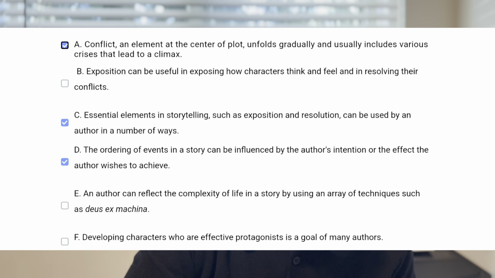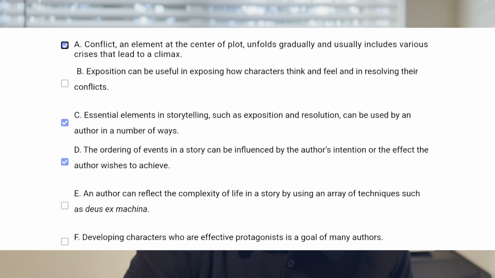Complete the summary by selecting three of the answer choices that express the most important ideas about the passage. So this is the information. Conflict is an element of the central plot that unfolds gradually and usually converges, which leads to the climax, right?